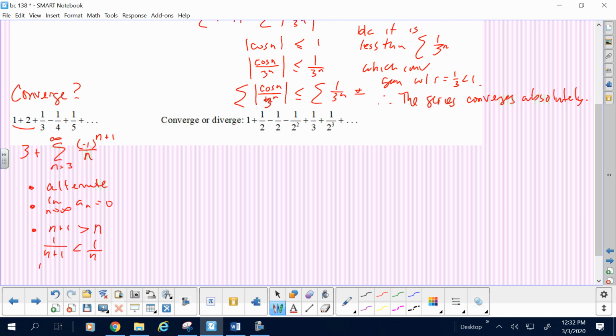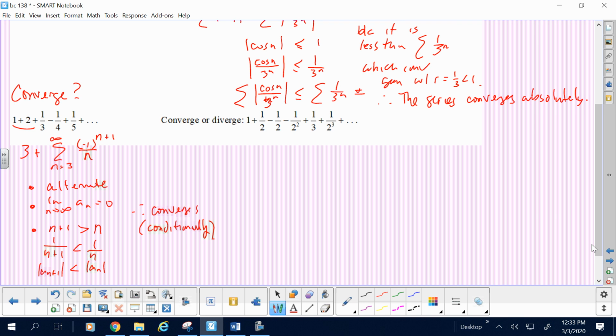And therefore, the absolute value of the n plus 1 term is less than the absolute value of the term before it. And so we would say this series converges. And if you wanted to parenthetically say conditionally, more better, but conditional convergence is convergence. Follow? All right.